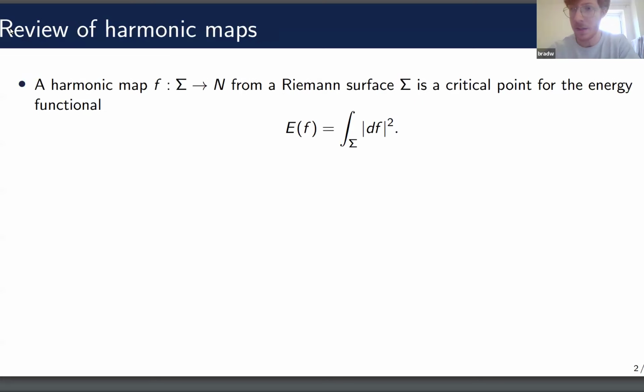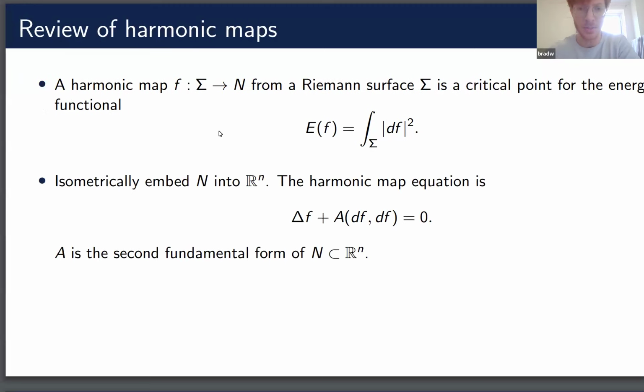So a harmonic map will always take the domain to be a Riemann surface, like last time. So it's a smooth map into a Riemannian manifold, which is a critical point for this energy functional. This norm depends on the metrics of sigma and N, and you're just integrating it up.